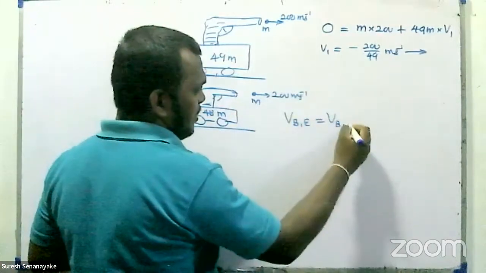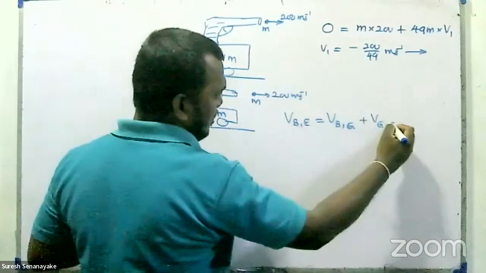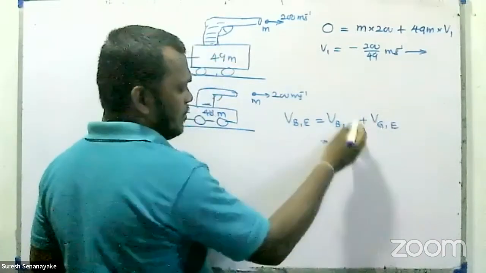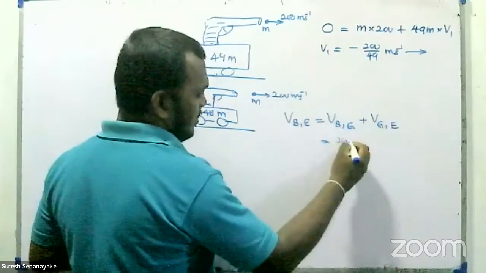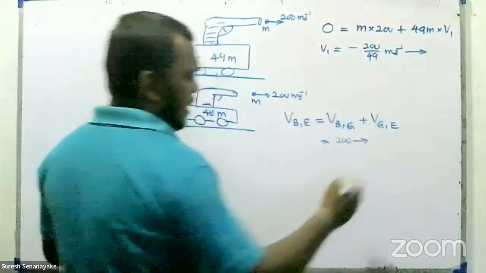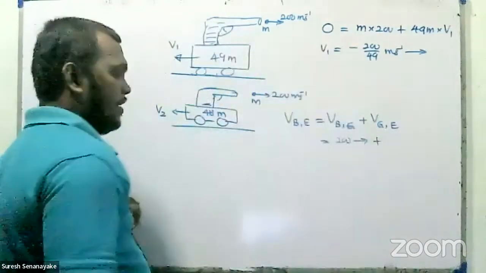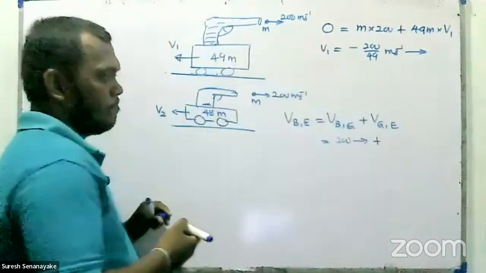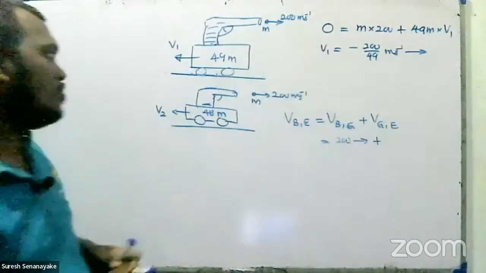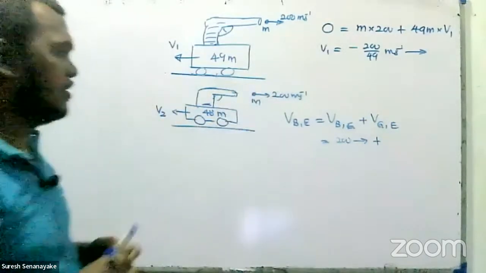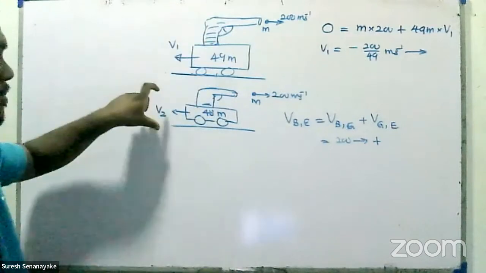It is equal to the velocity of the bullet with respect to the gun plus the velocity of the gun with respect to the earth. The velocity of the bullet with respect to the gun is 200 in this direction, and V1 is backward.